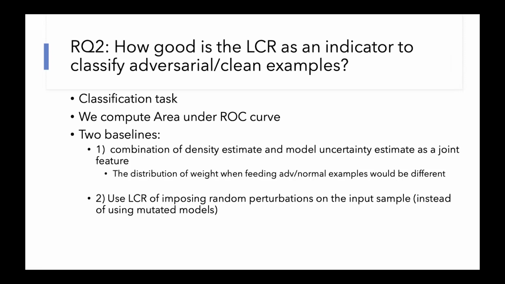But for a normal example, maybe not. Maybe later you can send this. This is another adversary sample detection technique. They're using two different features: density estimation for the last layers, and the model uncertainty estimation is more for the others. Maybe we can look into this, but this can also be considered our baseline.